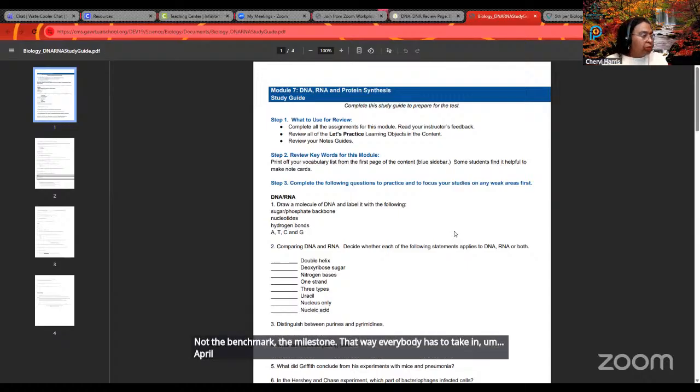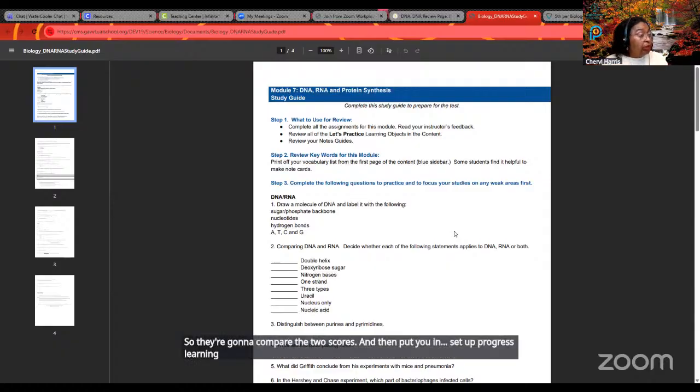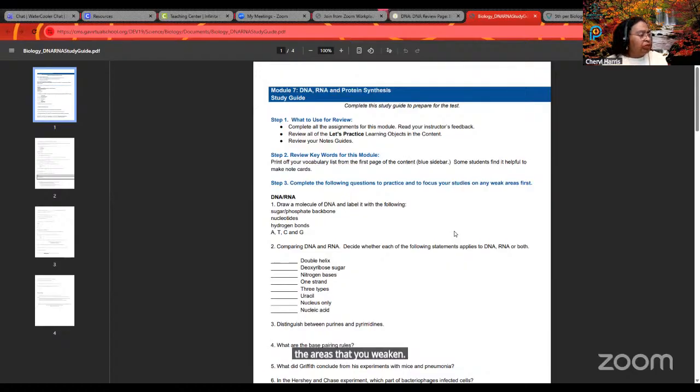So they determine where your strengths and weaknesses are from the benchmark. You're going to take another benchmark in March to see how much you've progressed from here to there. So they're going to compare the two scores and set up progress learning activities for you to help strengthen the areas that you're weak in, so you have a better chance of passing the milestone.